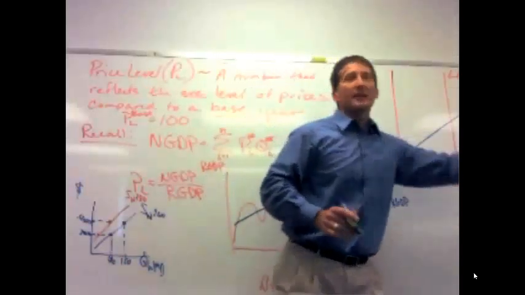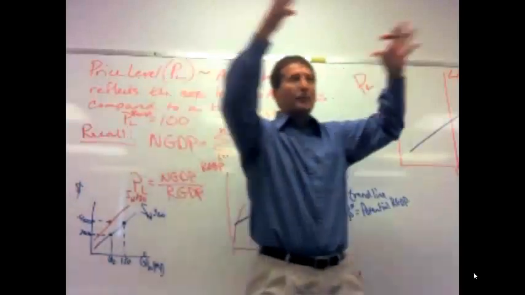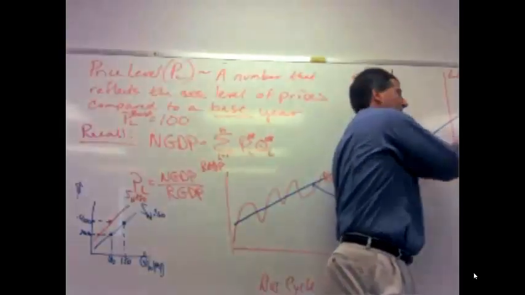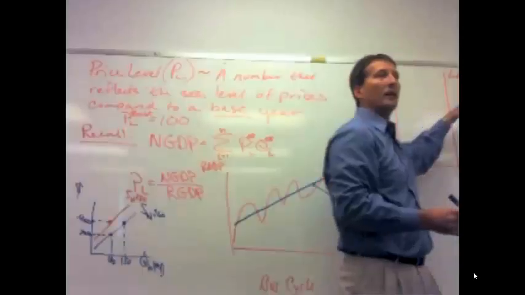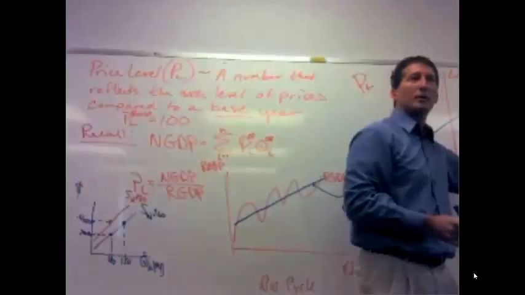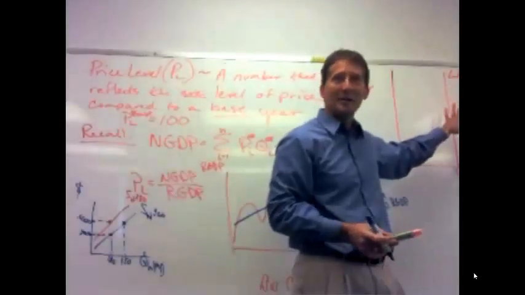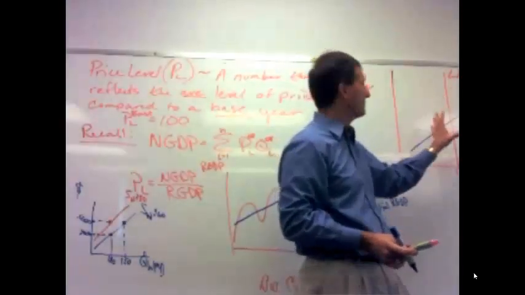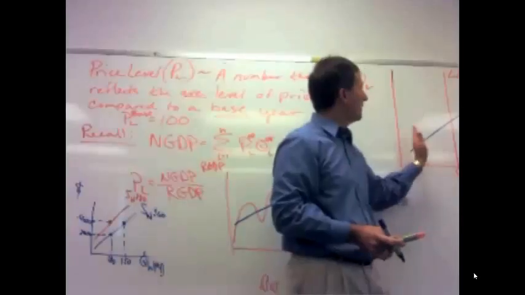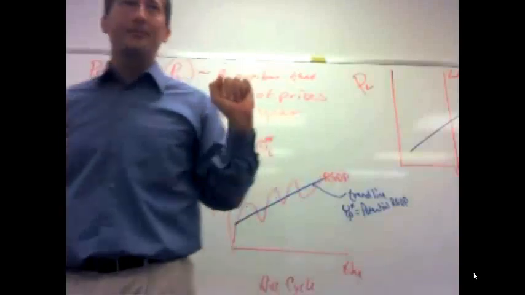And now we've got the same thing going on at the micro level, aggregated up into the macro economy, that there's at least potential here for us to move off of our potential long-run GDP. I haven't got the aggregate demand curve yet. That's where the change is going to happen. All right, questions or comments so far on the structure of that?